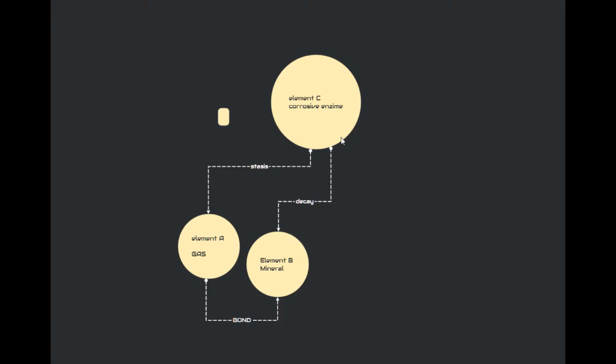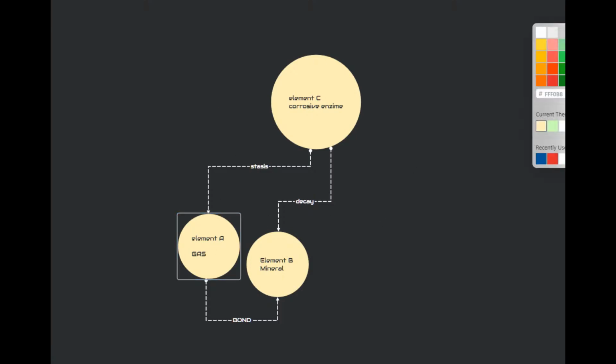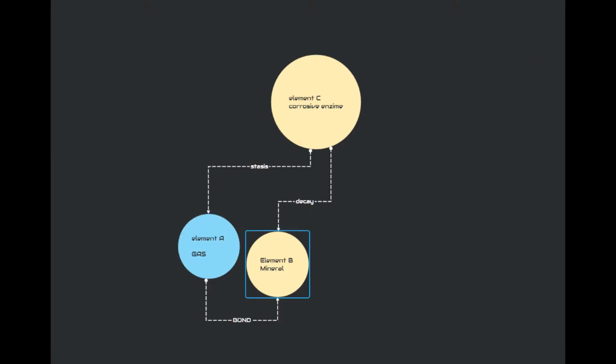Okay, so again, we do the same thing. We're going to change the color of this. So this is a gas, so let's make it a bluey stuff, and then this one is a mineral, so we're going to make it orange or red. Actually, red's usually the color we can use. So red, because it's a mineral. Corrosive enzyme, yeah, we're going to go with green.